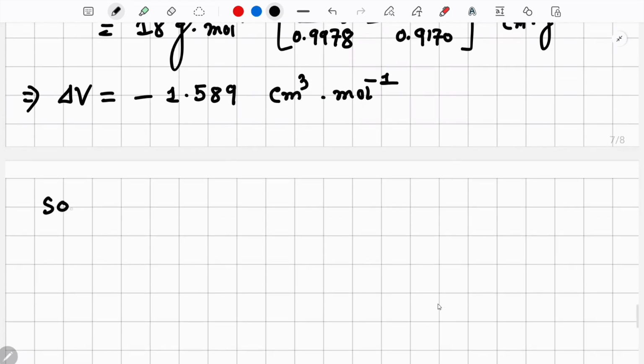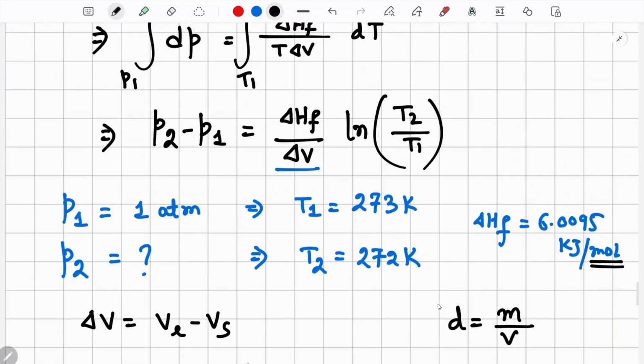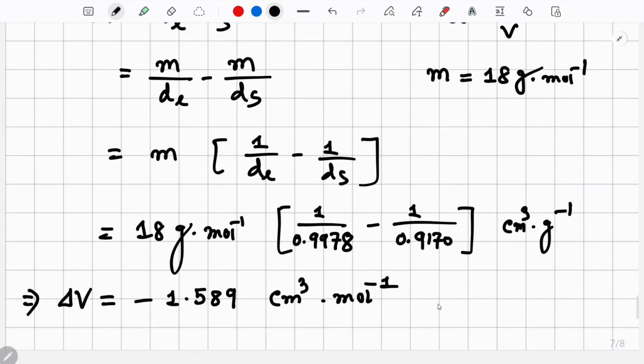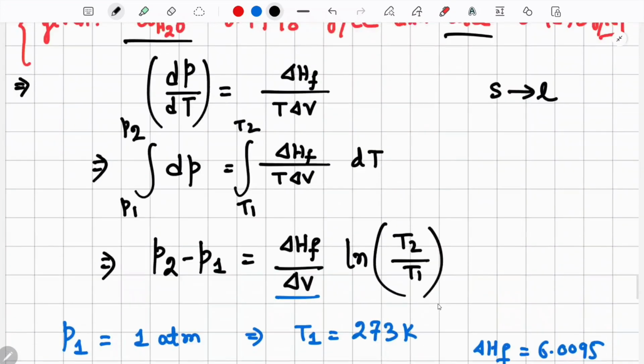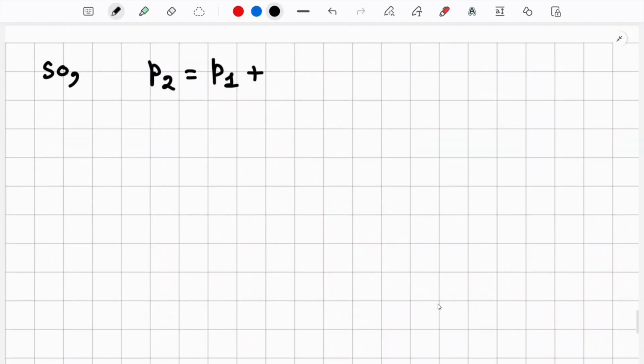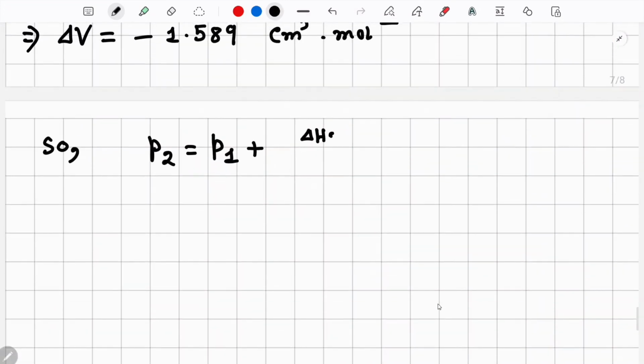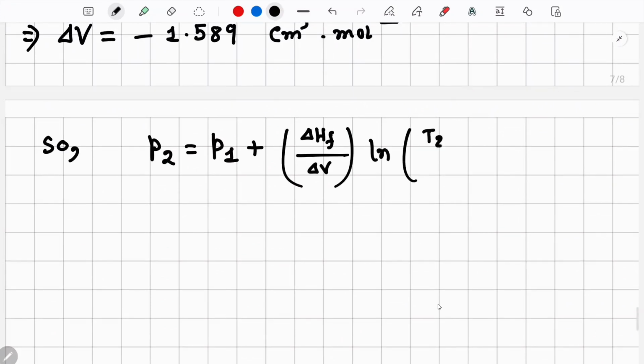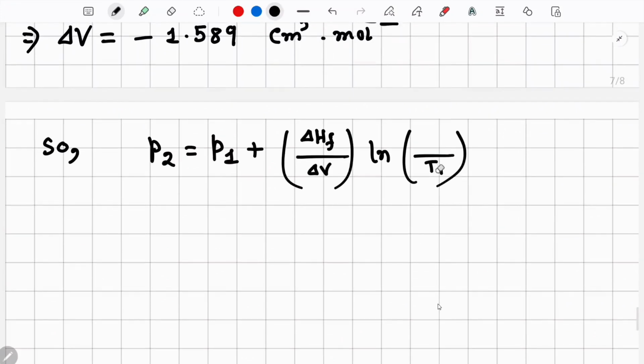So P2 will be P1 plus, from here you can write, P1 plus delta HF by delta V ln T2 by T1. T2 by T1 is 272 by 273.